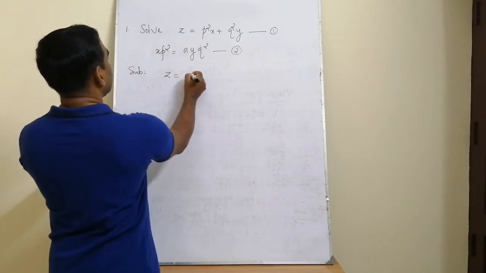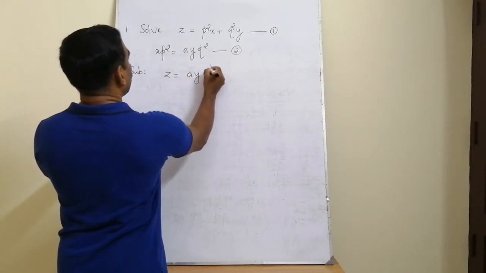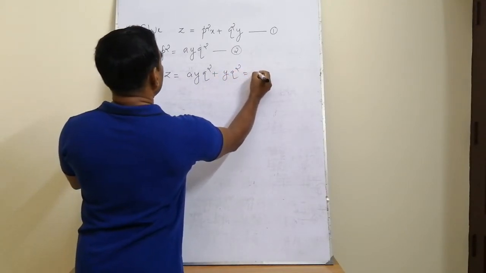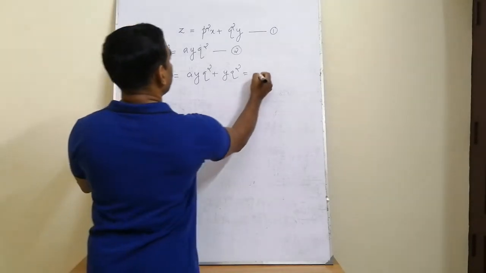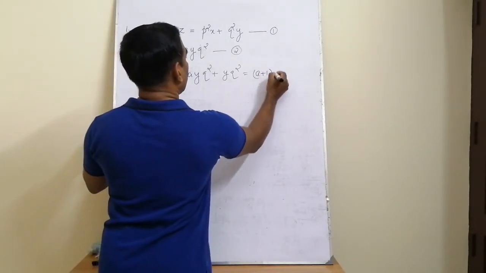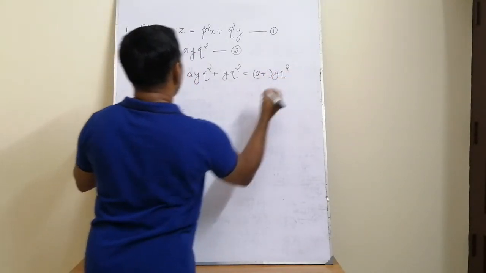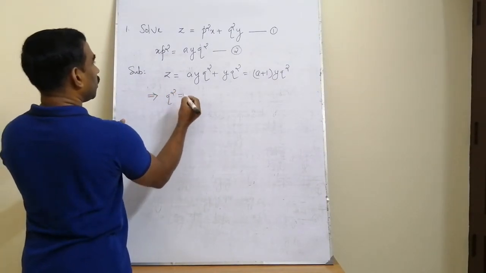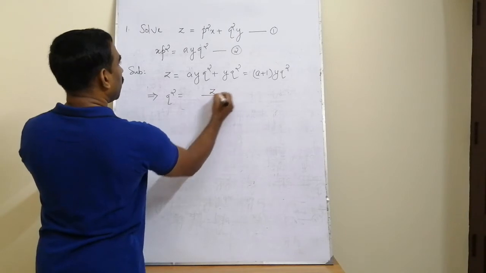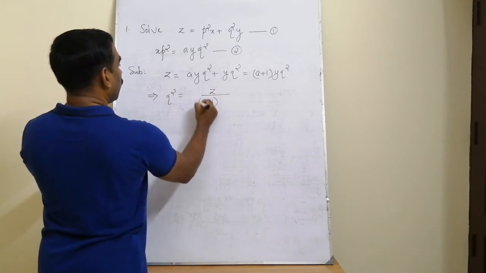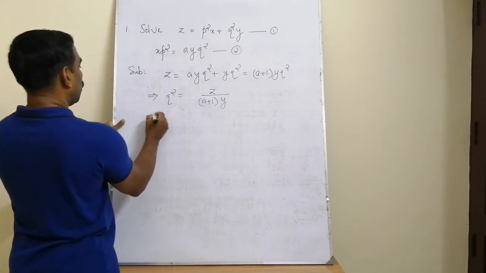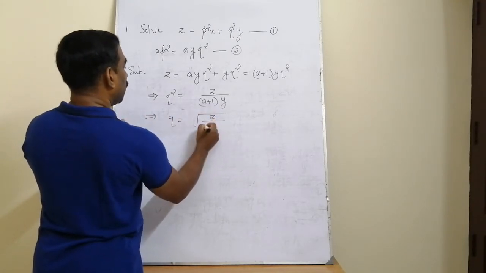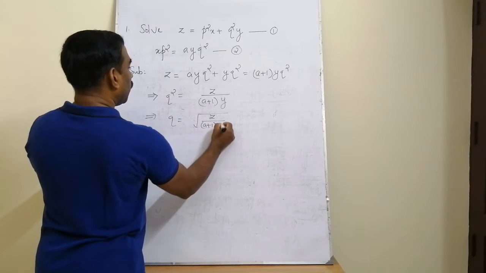What is x p square? x p square is a y q square, so z is a y q square plus y q square, that is equal to a plus 1 into y q square, from which we can find the value of q square. So what is q square? q square is z divided by a plus 1 into y, or q is equal to square root of z divided by a plus 1 into y.